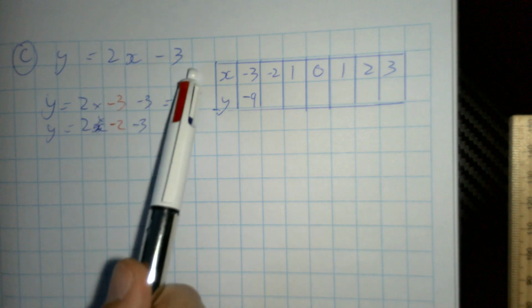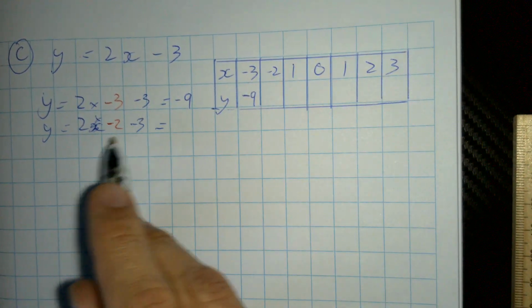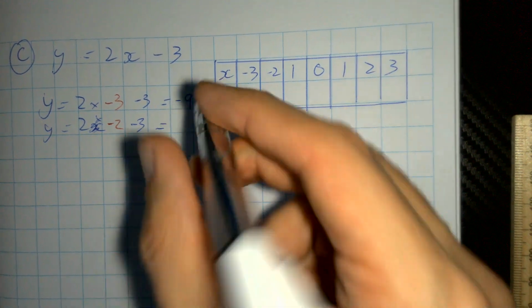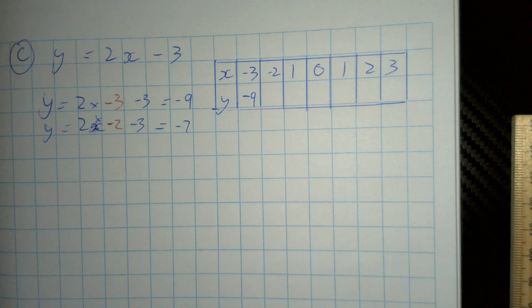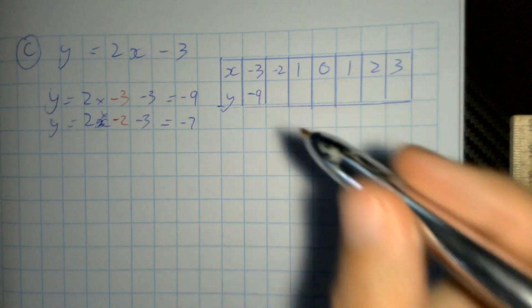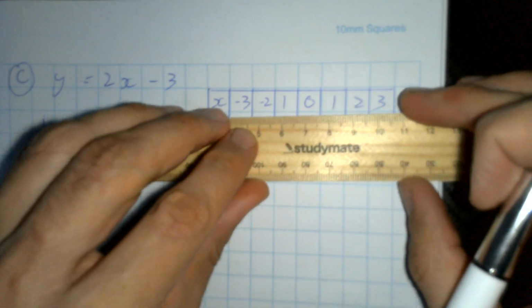We always have to do the minus 3. That equals 2 times minus 2 is minus 4, take 3 will be minus 7. So that means the minus 7 goes over here, underneath the minus 2. That reminds me, I forgot the line.